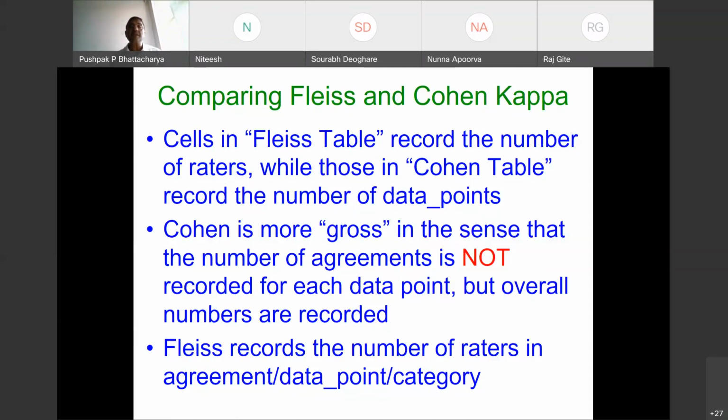Okay, because Fleiss table looks at every data point, and for every category for the data point puts down a number, which is the number of raters who have put this data point in that particular category. Fleiss records the number of raters in agreement per data point per category. Okay, so it is a finer view of the data compared to Cohen's table.